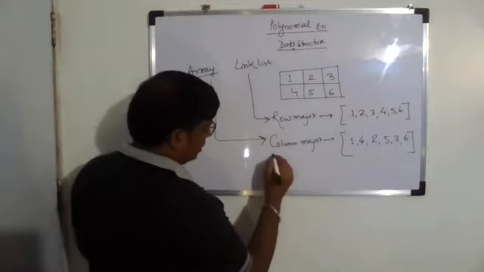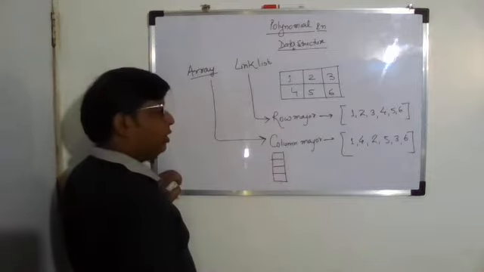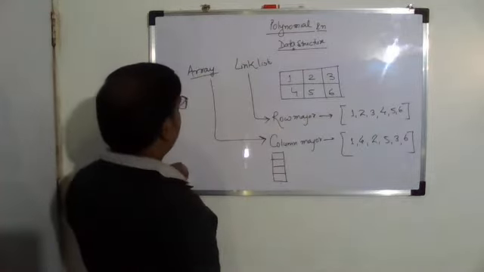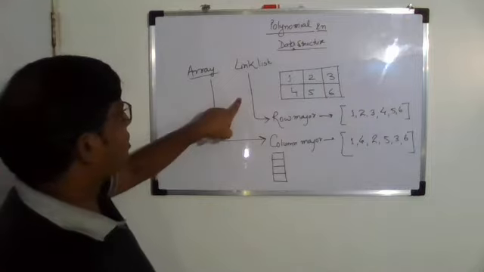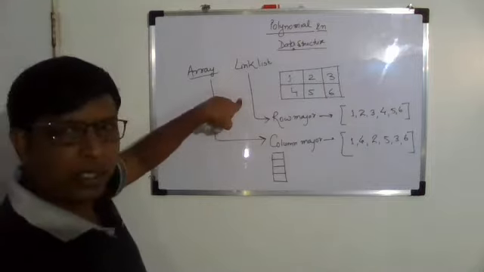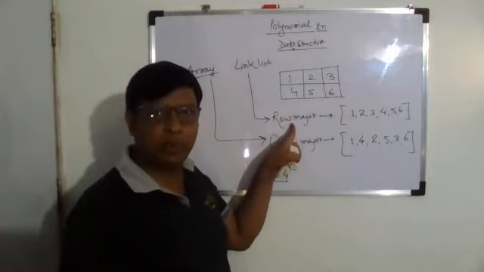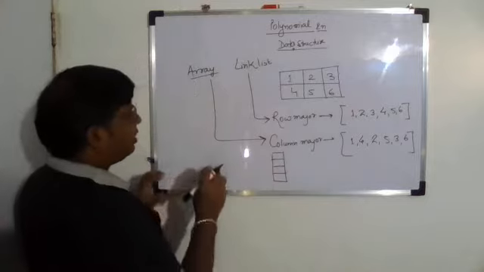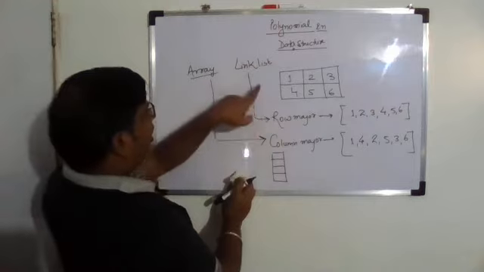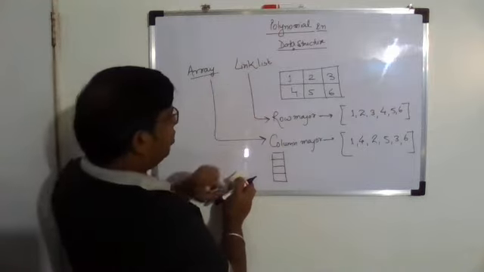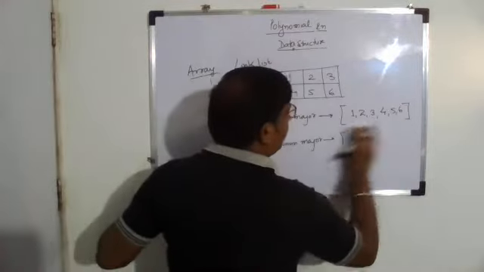Since the arrays can be represented as consecutive cells in form of the columnar structure, it is preferably used for array representation. And since linked lists are scattered across the memory and we can use them to store the data, the row major is preferred, right? So let's understand how arrays can be represented using a column major concept and how a linked list can be used to represent it in a row major concept. So we'll visit both the concepts one by one.